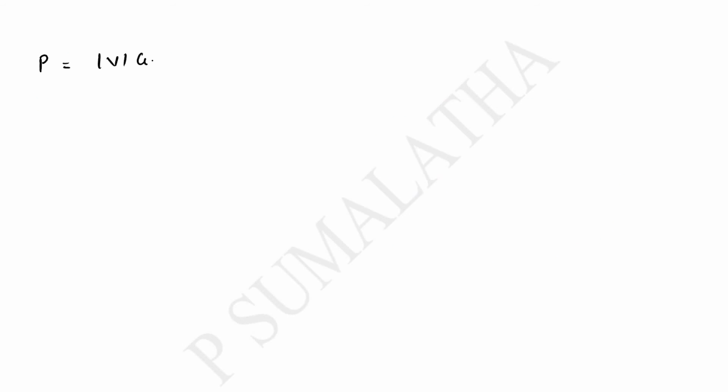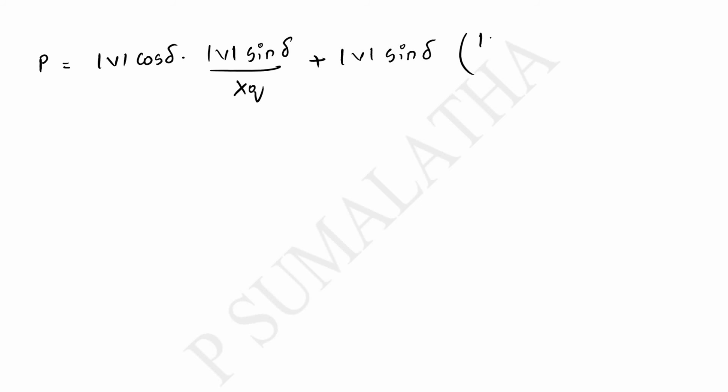|V| cos δ into Iq, whose value is |V| sin δ divided by Xq, plus |V| sin δ into the Id value, which is (|E| minus |V| cos δ) divided by Xd.